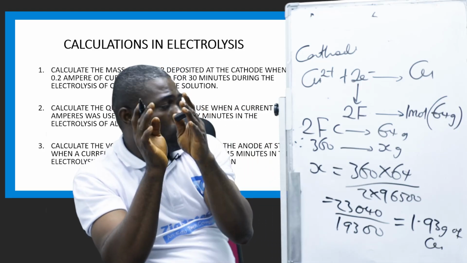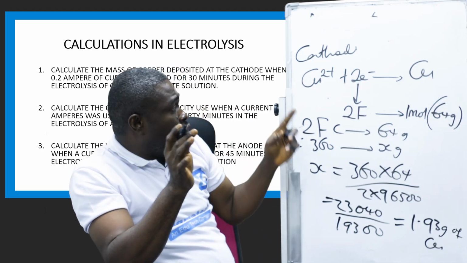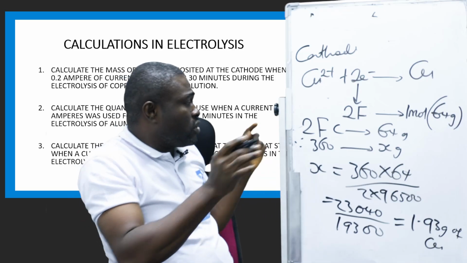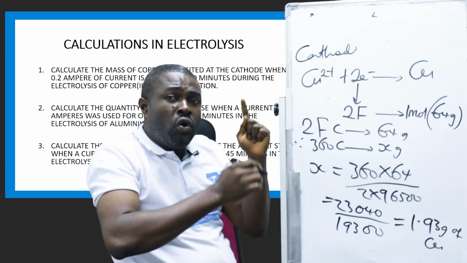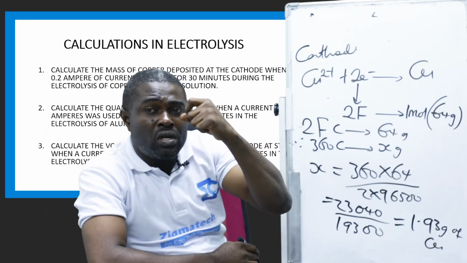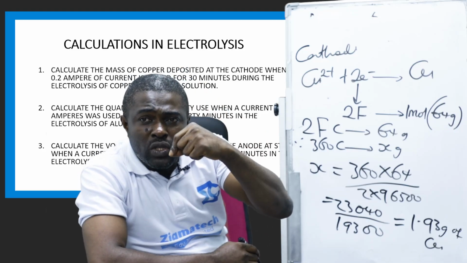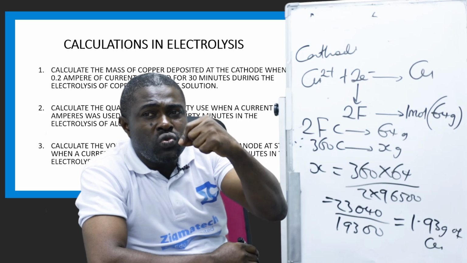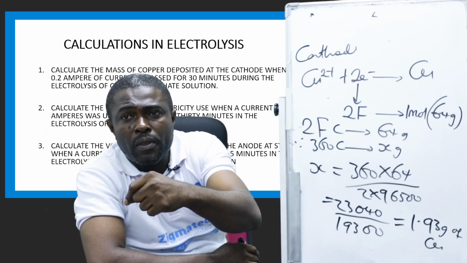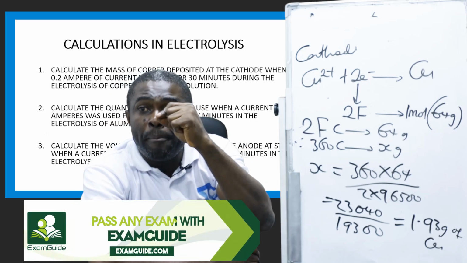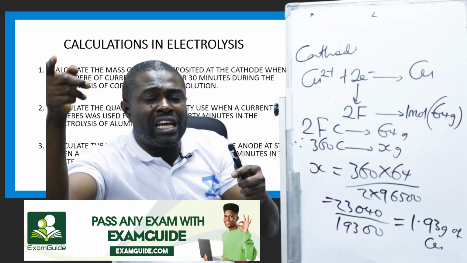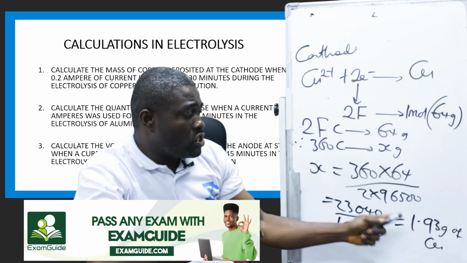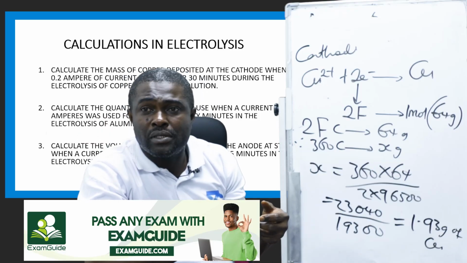So what is happening here now is that when this quantity of electricity, 360 coulombs of electricity, was passed across the electrolyte, which electrolyte? Copper 2 sulfate solution. The mass of copper finally deposited as a chemical at the electrode, which is the cathode, is equal to 1.93 grams.